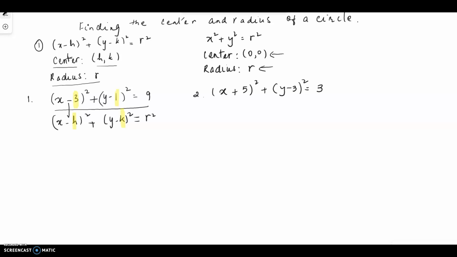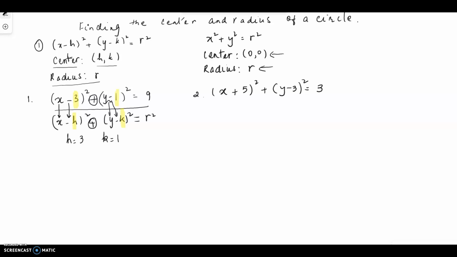The signs match. We have the x, so then h would have to equal 3. Here the signs match, the y's match, and now k would have to equal 1 because of this as well. These two match as well.